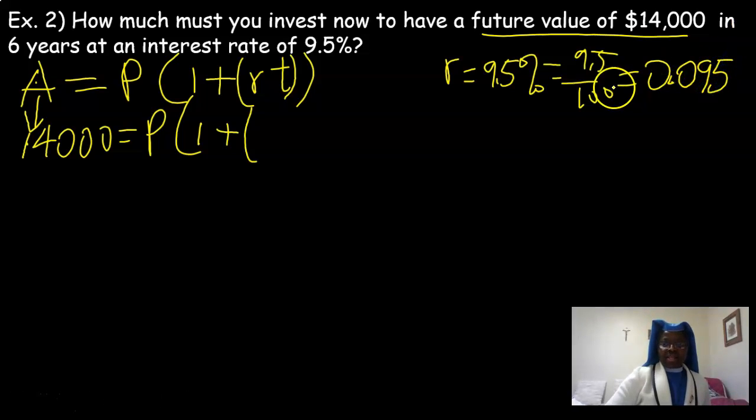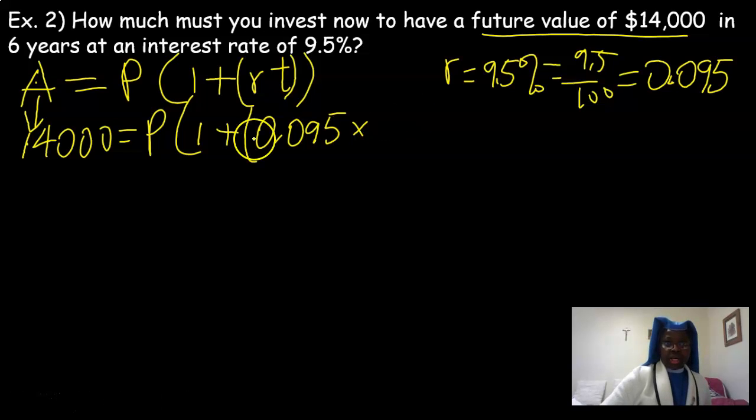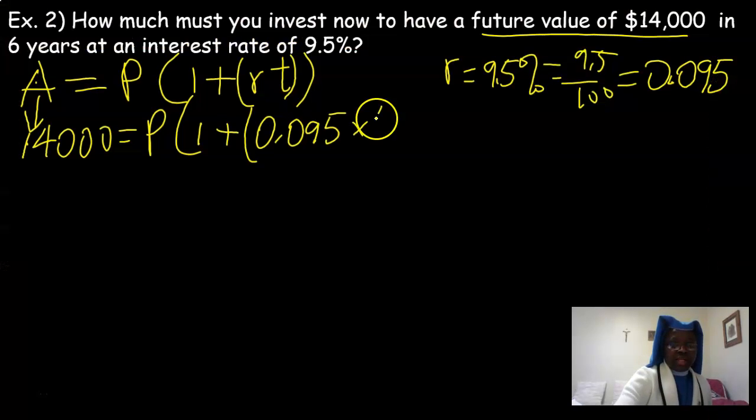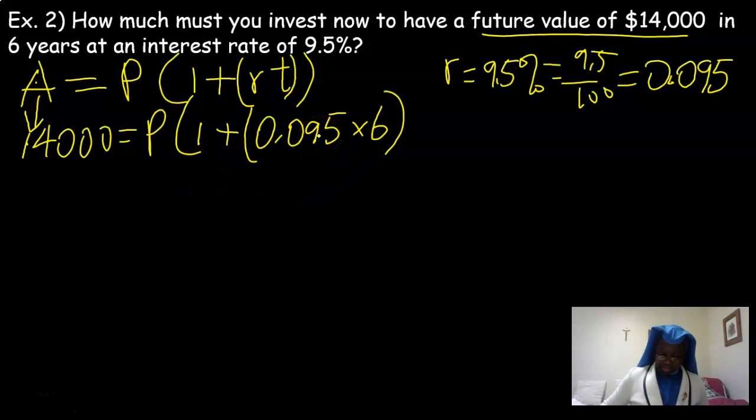Okay, so if you can simplify the rate like this before you put it into the formula, it will make things a lot easier. So 0.095 times the time. Okay, the time is 6 years. Since it's already in years, we don't need to do any adjustments. So just write times 6. But if it is in months, then we have to write it in years. Okay, we can go ahead and multiply that by 6.